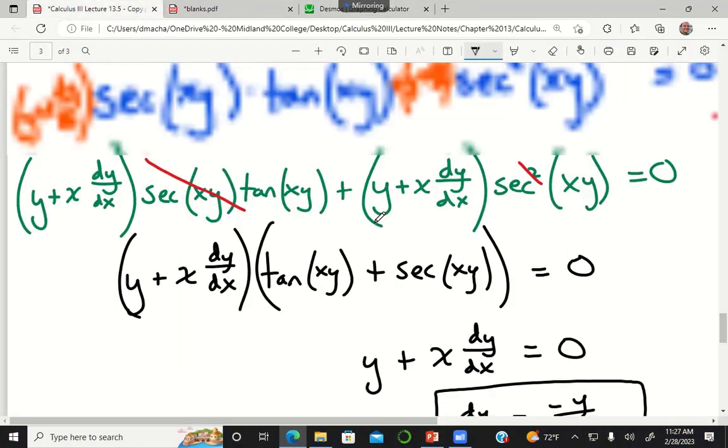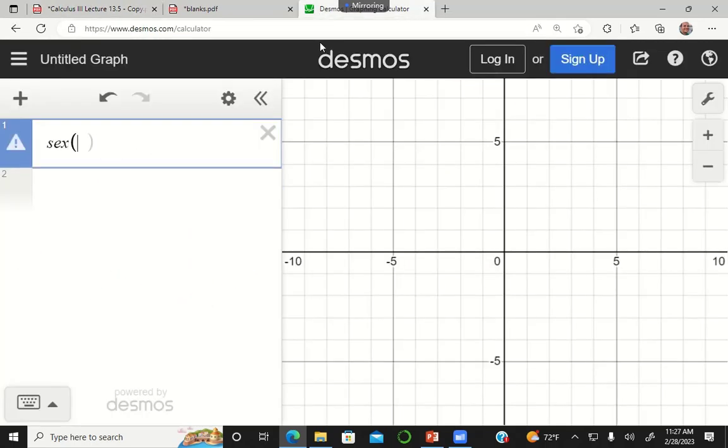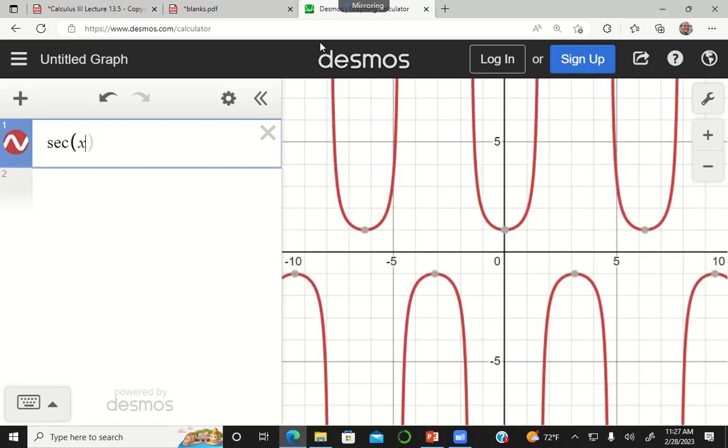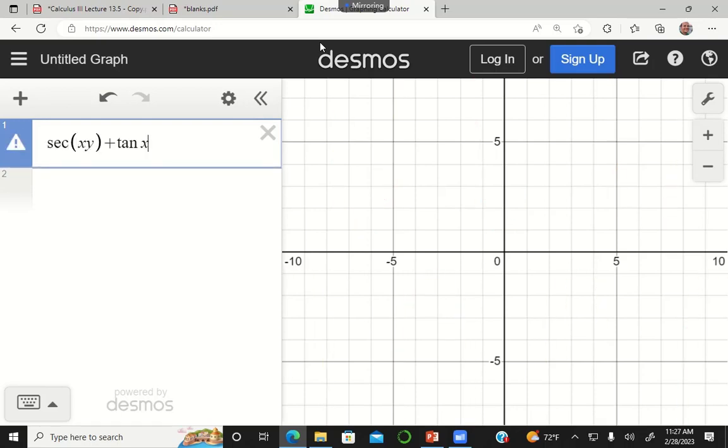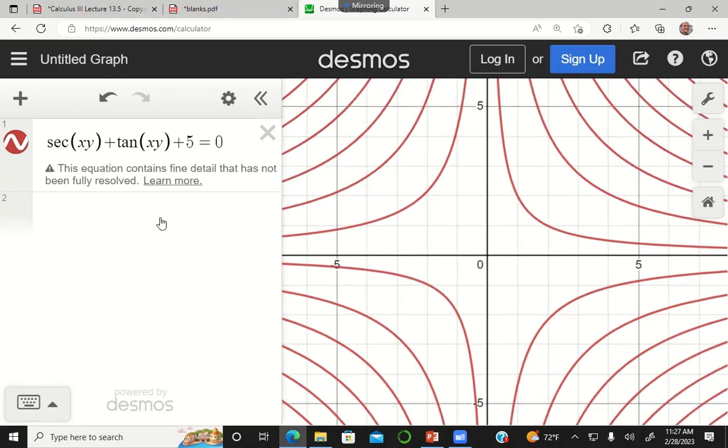So I think initially I had secant plus tangent plus 5. Okay. So now what I want is a line.